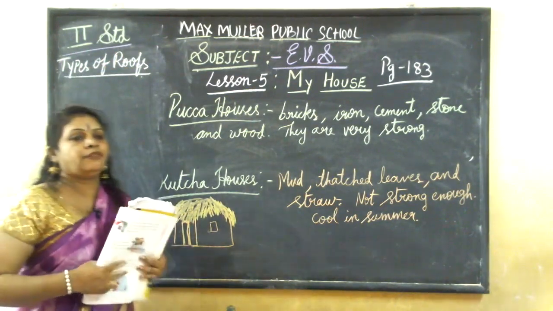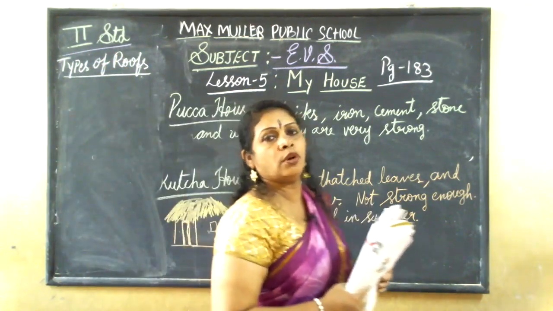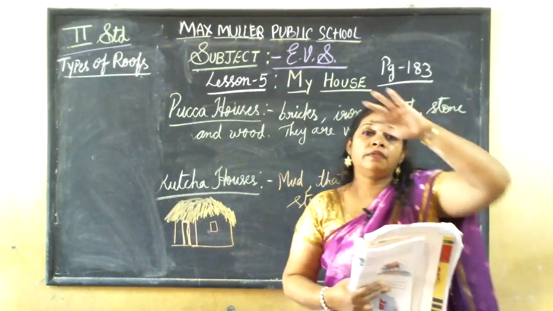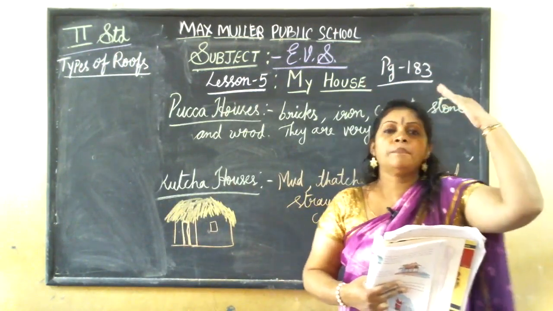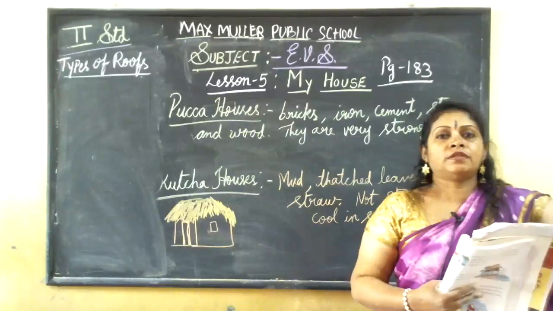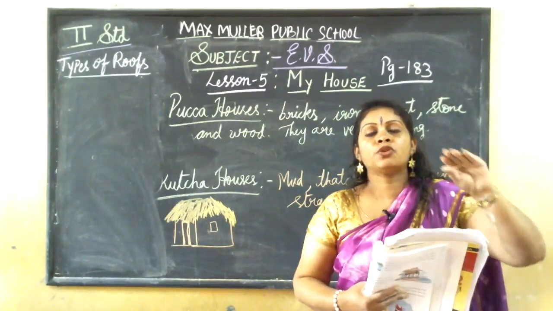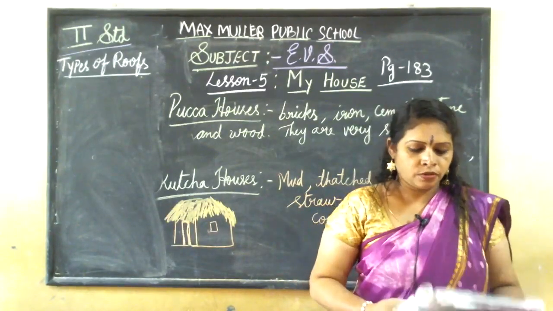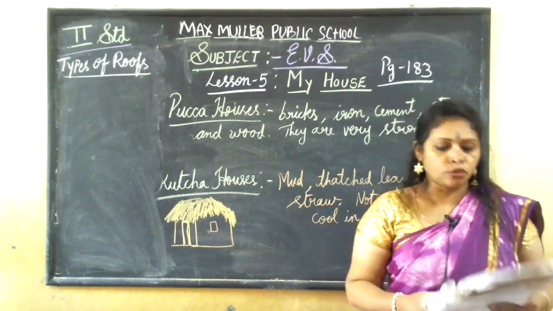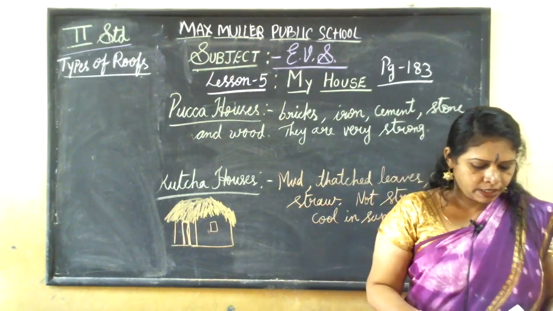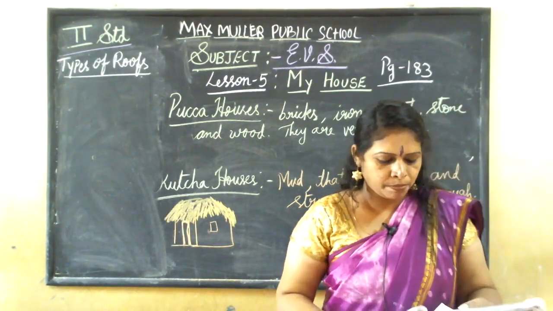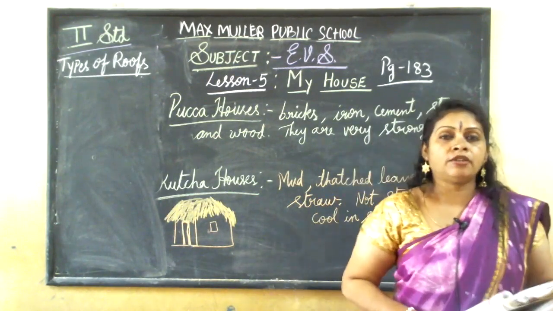So there will be different types of roofs also. Roof means which covers the house. Some houses will have sheet covering, some will have tiles, what they call. So like that, there are types of roofs. Now, in plains and dry areas, people build houses with flat roofs.